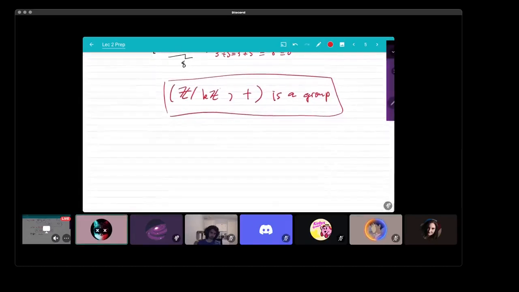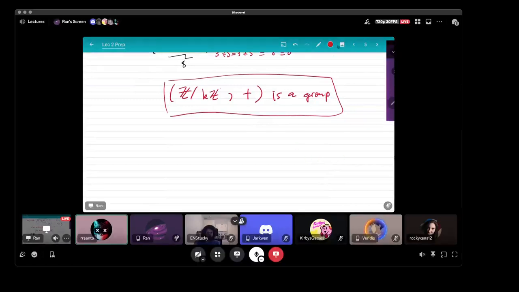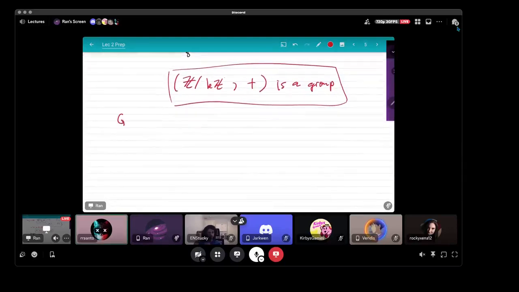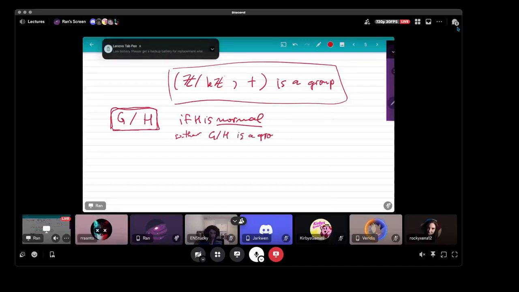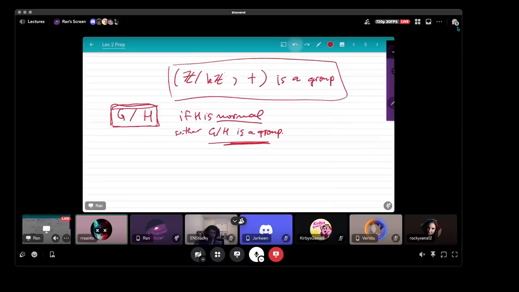We can see in another, maybe in the book, we've seen defined that it works for any G and H if H is normal. We can define a law on the set of cosets so that it forms a group. But it's not any H that will work.